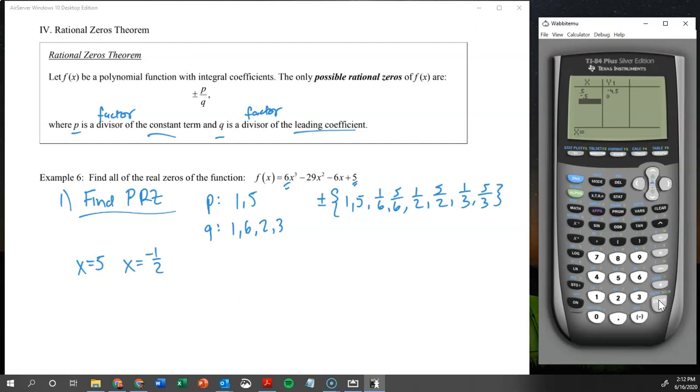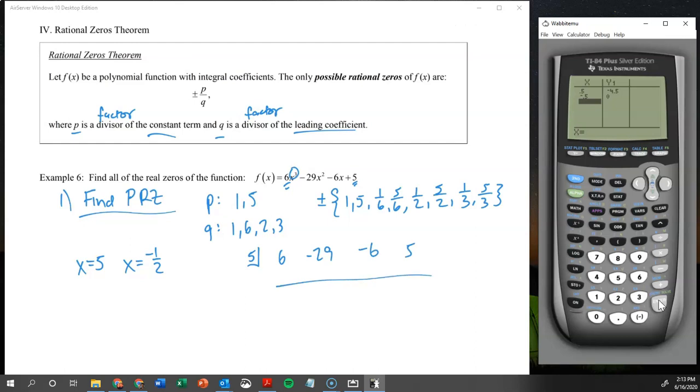Now that is going to be 2 of my 3 zeros. Notice that this is a polynomial of degree 3, which means there are going to be 3 zeros. So I'm going to stop this process of finding rational zeros in the calculator and start synthetic dividing. Just choose one of those first zeros, let's say 5, and list the coefficients of our function.